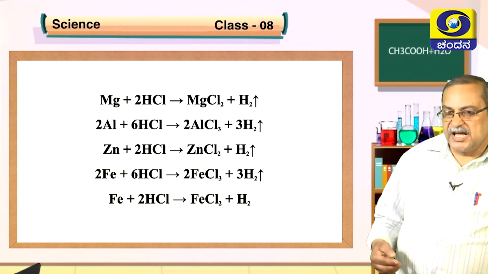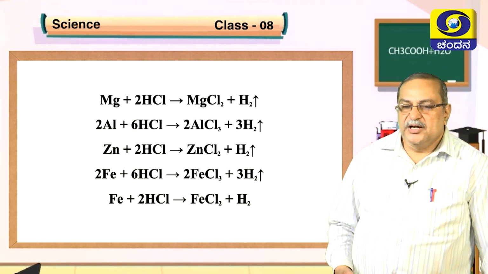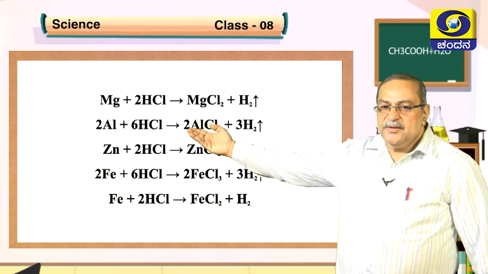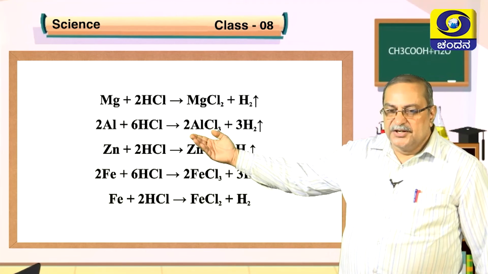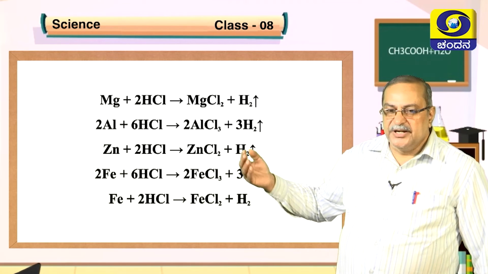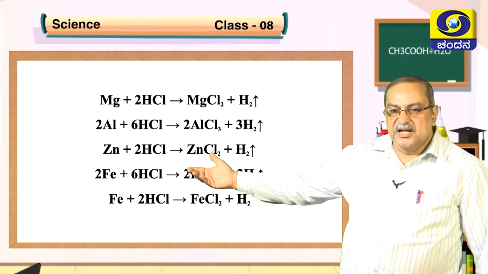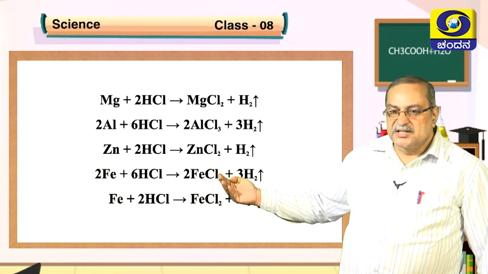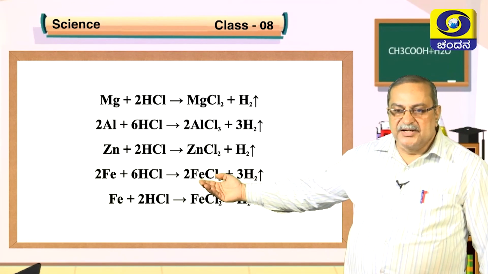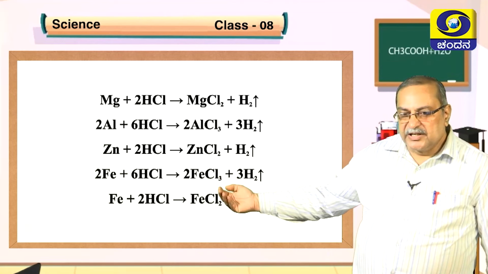Magnesium reacts with hydrochloric acid to form magnesium chloride and hydrogen. Similarly, aluminum with hydrochloric acid gives aluminum chloride, and hydrogen is liberated. Zinc reacts with hydrochloric acid to form zinc chloride, and hydrogen is liberated. Iron with hydrochloric acid gives ferric chloride.